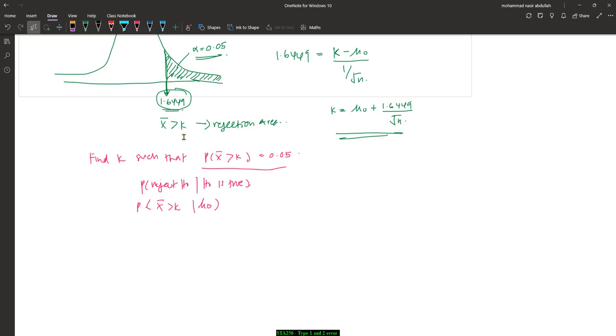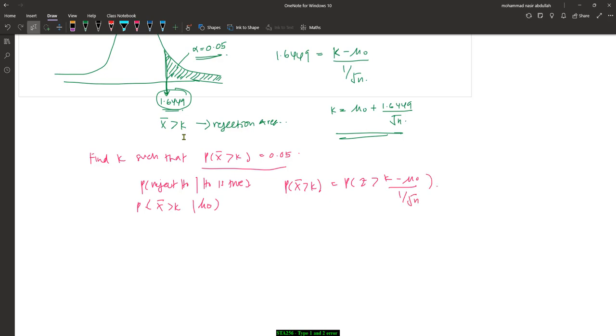So now probability of x bar more than k is equal to probability of z more than k minus mu naught divided by 1 over square root of n lah, right?